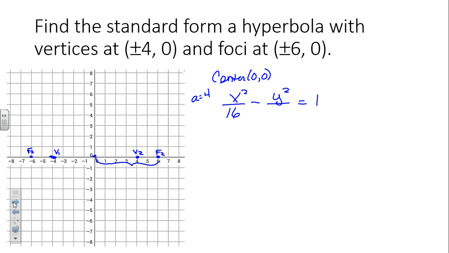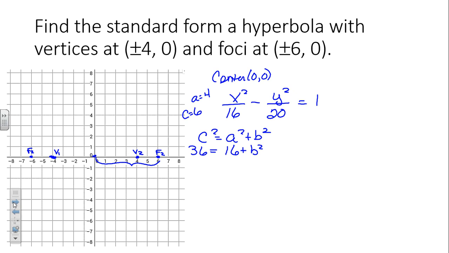So c is 6. And with hyperbolas, our equation is c squared equals a squared plus b squared. So 16 plus b squared is 36. What's b? b squared is 20. Square root of 20 is b.